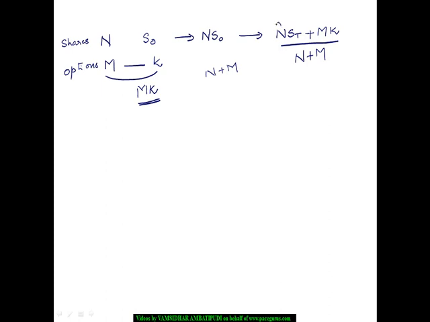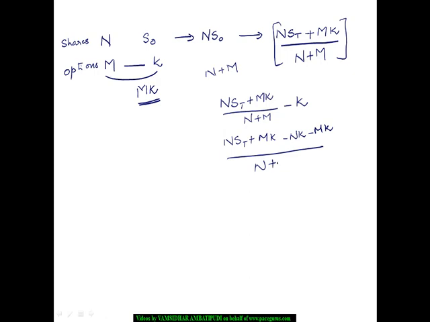Now, let's assume that the exercise of that option is happening at that particular point. What is the payoff? Now that the exercise is happening, the payoff for the option holder is the stock price minus the strike price K. If I simplify it, it becomes (N ST plus MK minus NK minus MK) by (N plus M).